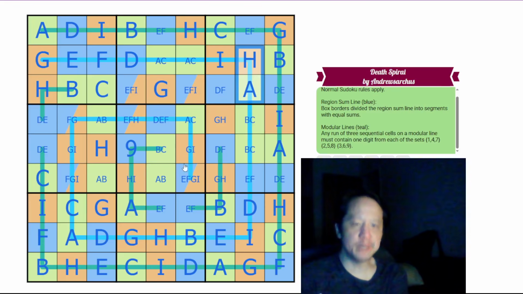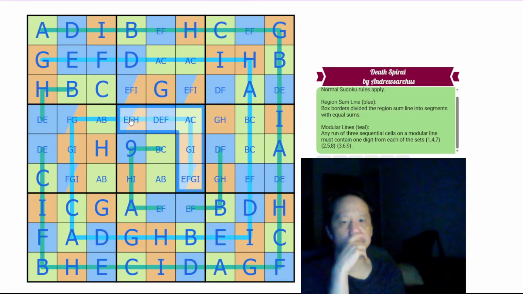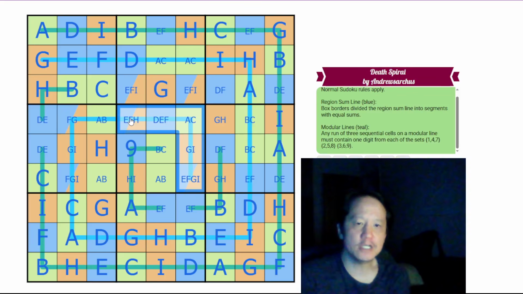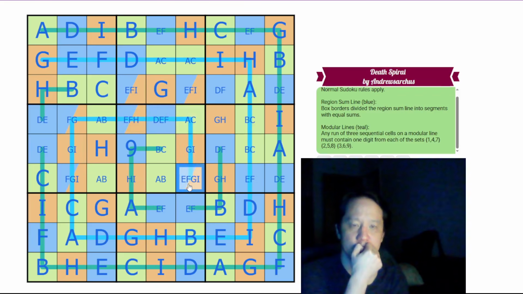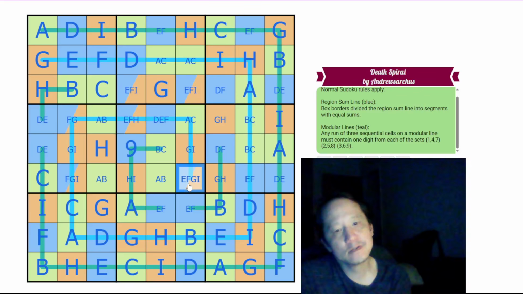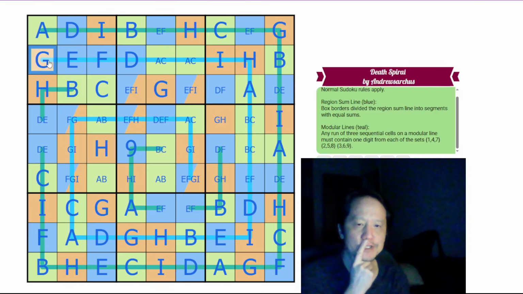We know B is not in the sum. Guaranteed. G is in the sum. Guaranteed. So G has to be 1 through 6. So G is 1 through 6.